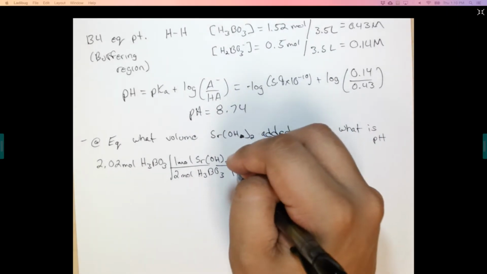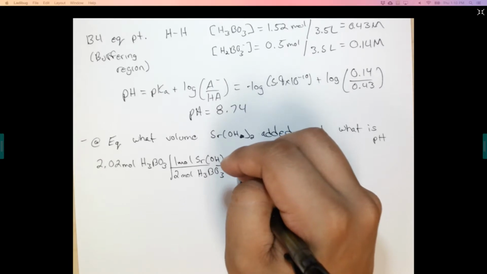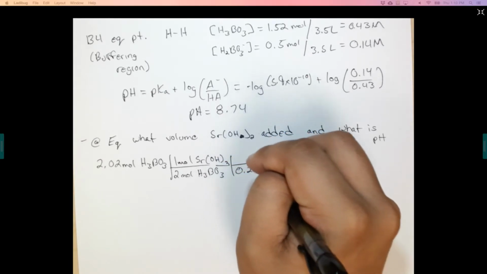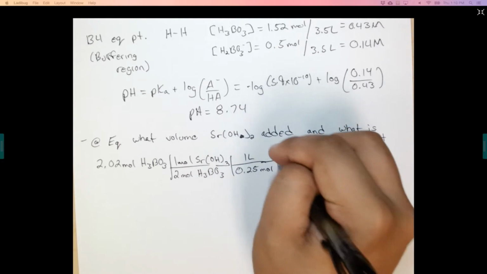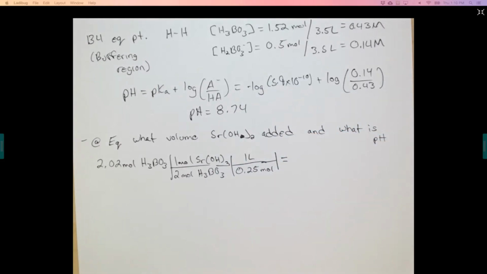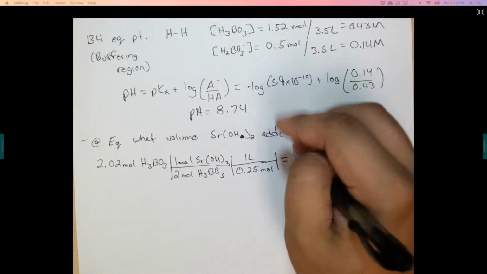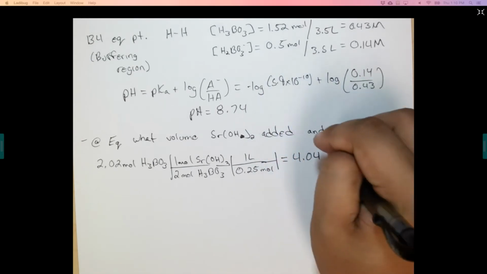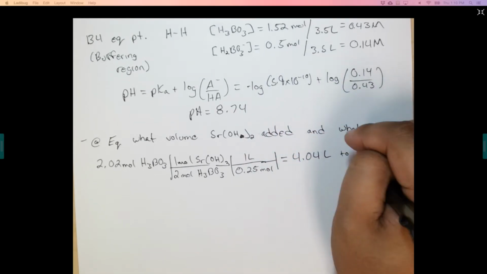Now, if we know that the strontium hydroxide is 0.25 moles per 1 liter, now we know volume added. So 2.02 divided by 2 divided by 0.25, 4.04 liters to reach equivalence.